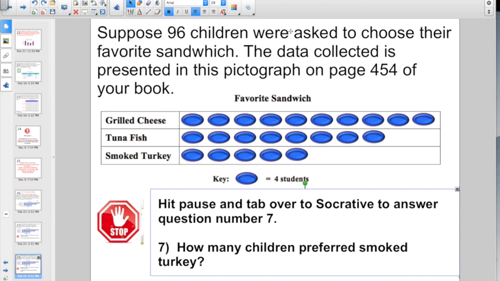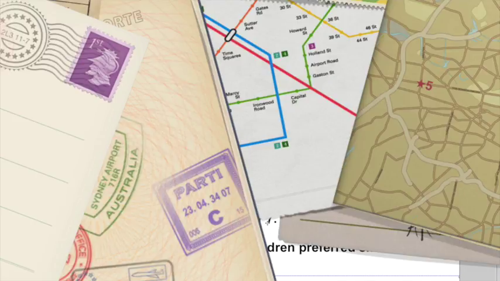Suppose 96 children were asked to choose their favorite sandwich. How many children preferred smoked turkey? Count the icons. Think about what each icon represents. So hit pause, tab over to Socrative to answer question 7.